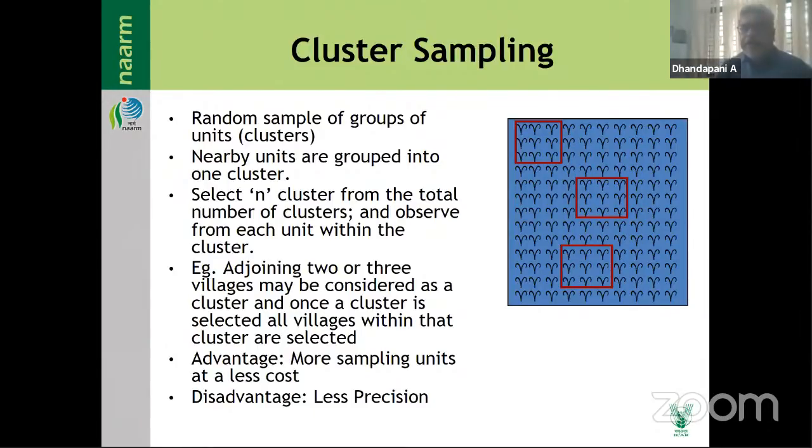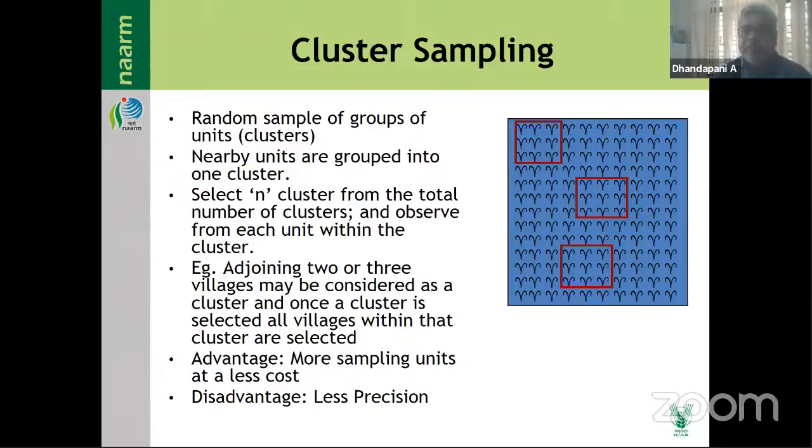So one alternative is, instead of doing simple random sampling of villages, why can't we group the villages, in the sense that, say, maybe 2 or 3 adjoining villages form one cluster.